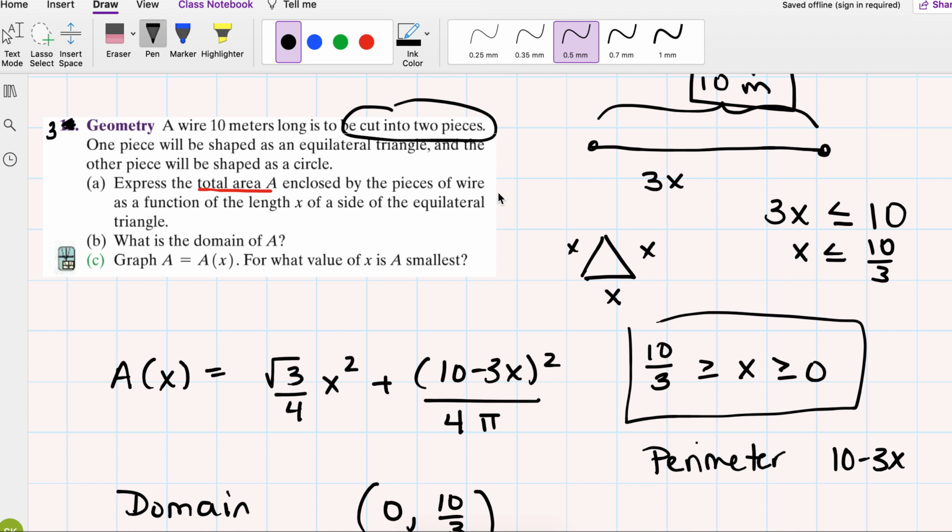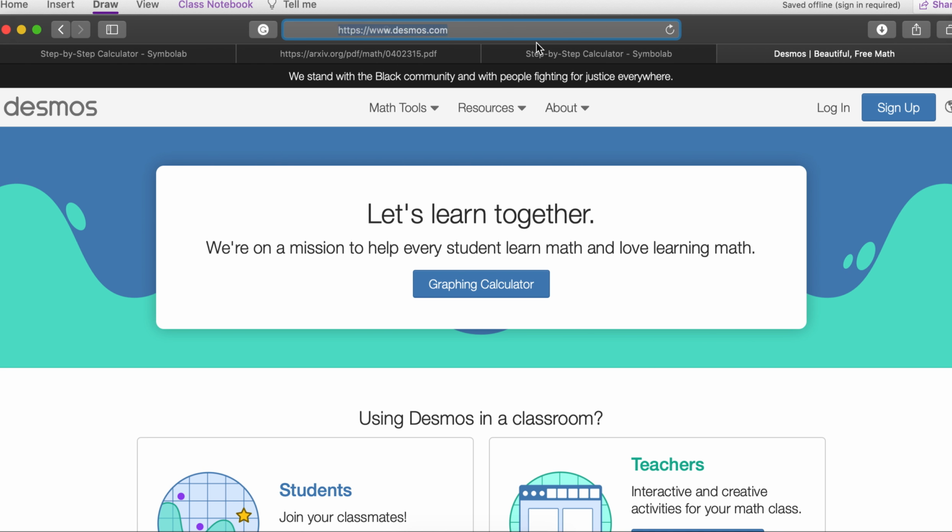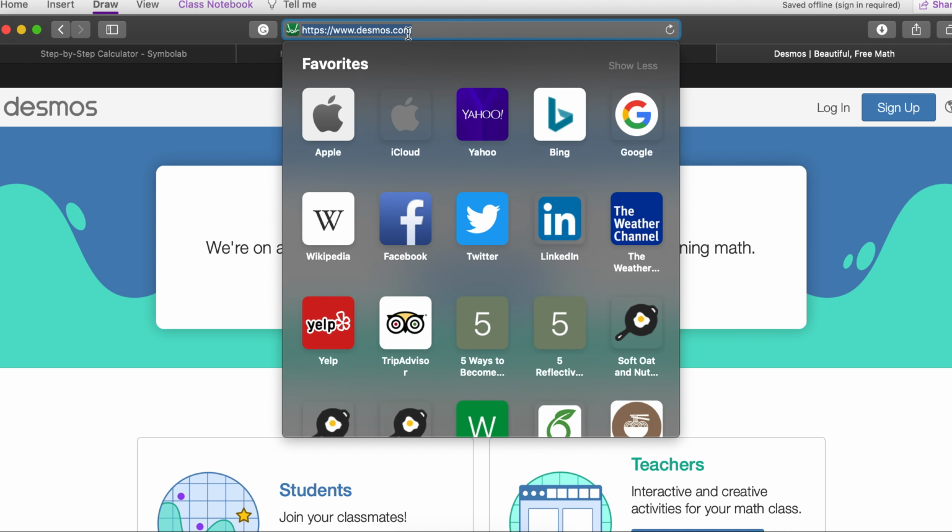Okay, let's graph this. So again, I'm going to use Desmos.com. And let's go to graph. And let's put this area function.